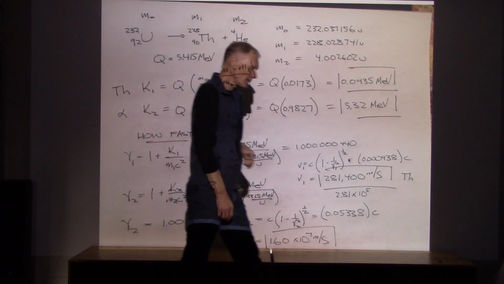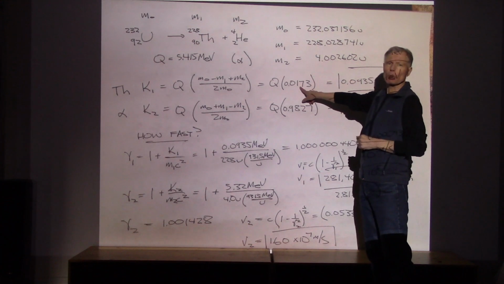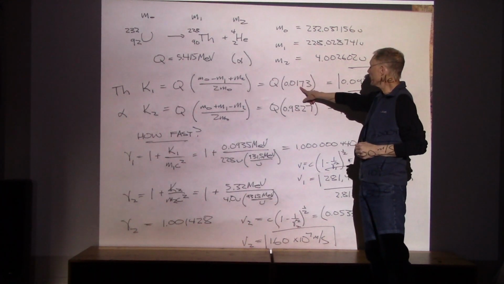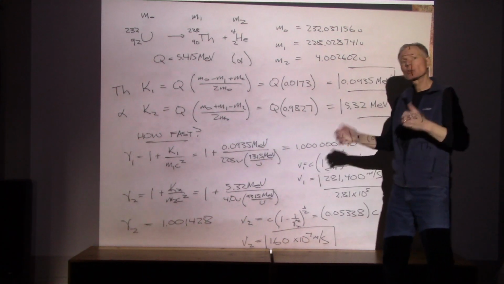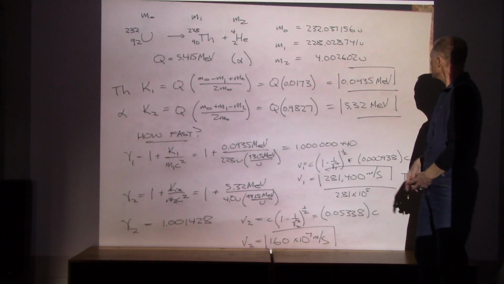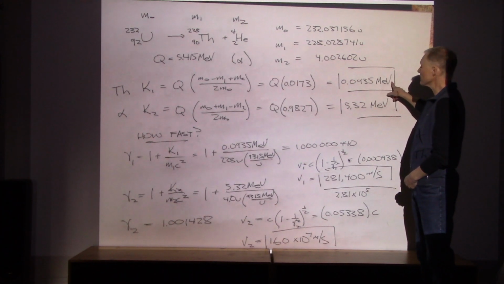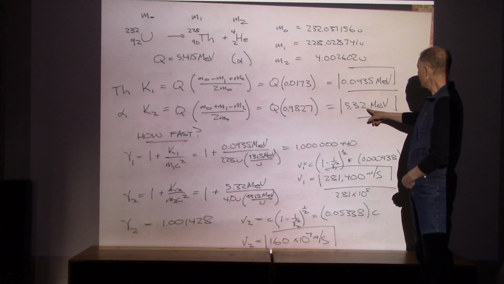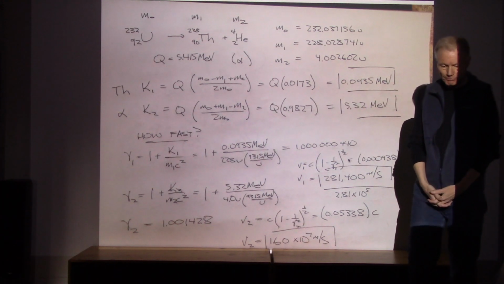And so it's looking like 1.7% of the Q is going into the thorium, and 98.3% is going into the helium, or the alpha particle. So in terms of MeV, that's 0.0935 MeV for the thorium, 5.32 MeV for the alpha particle.